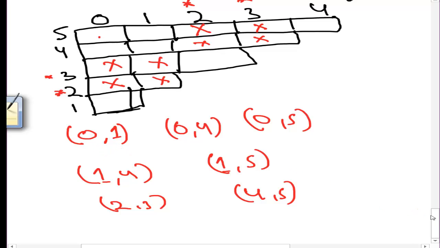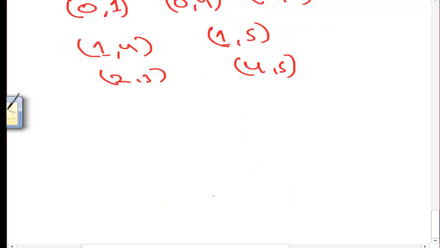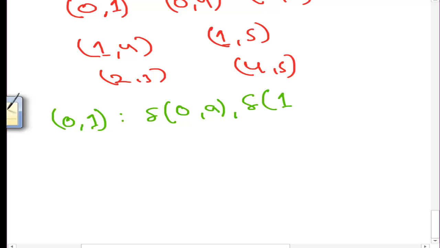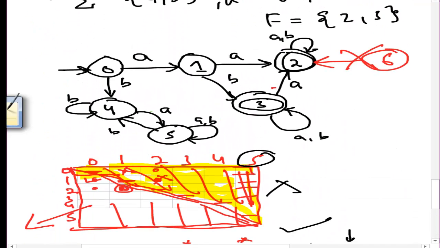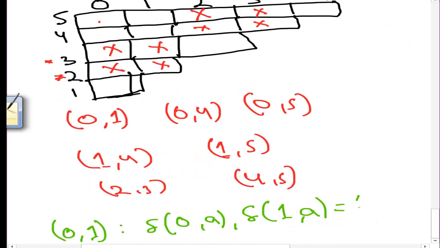If we discuss 0 comma 1, induction says that if I use a transition from 0 on input A, and also from 1, let me see where they will go on A. 0 on A goes to 1, and 1 on A goes to 2, so they are reaching 1 comma 2.